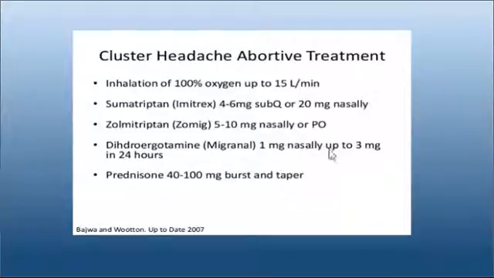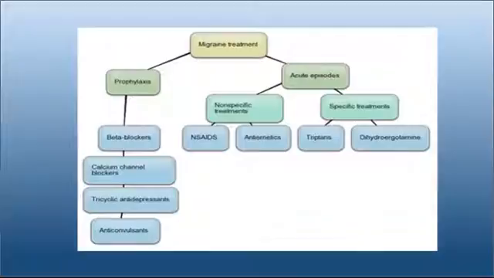With cluster headaches, abortive is to stop the cluster, and these are drugs that are listed for your migraine headaches. Your migraine headache table is 26.2. So you'll see the same drugs used to abort a cluster headache that you're also going to see for migraine, except for the prednisone that's added.